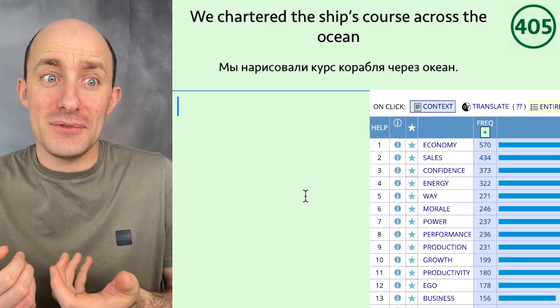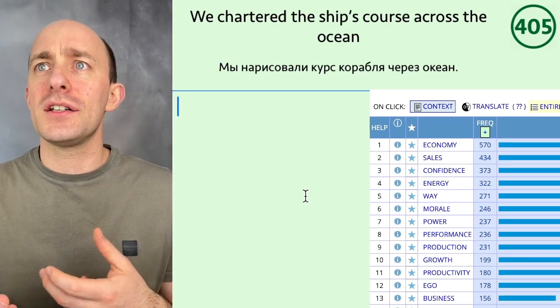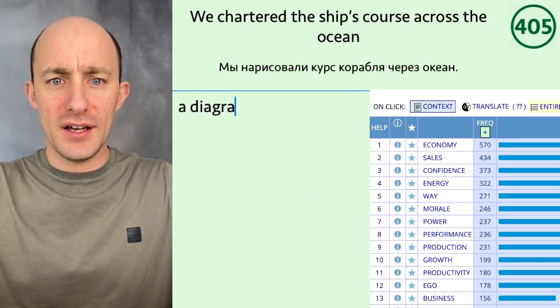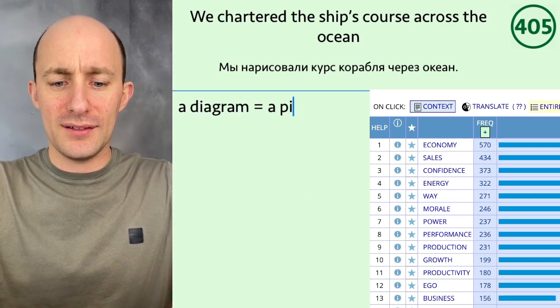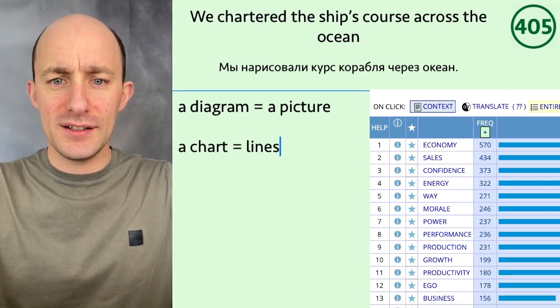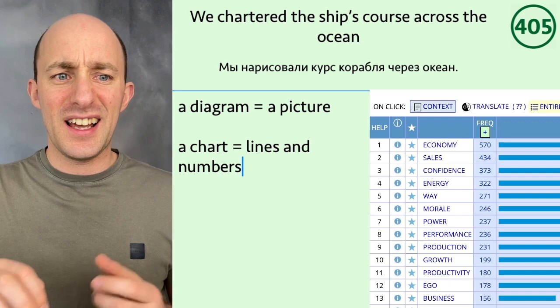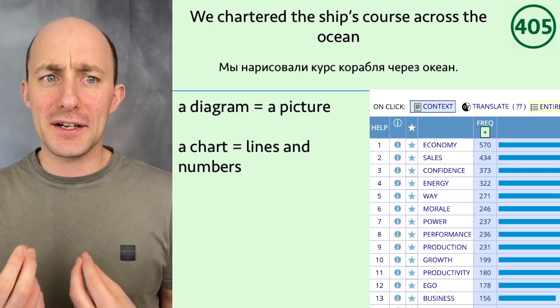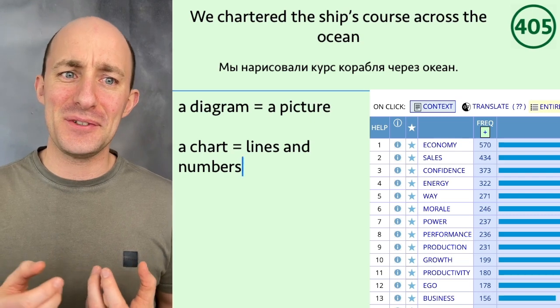We have the word diagram too. A diagram, a chart. For me, a diagram in English is more like a picture, whereas a chart is lines, like lines and numbers. So I guess that диаграмма, it's not always a diagram.